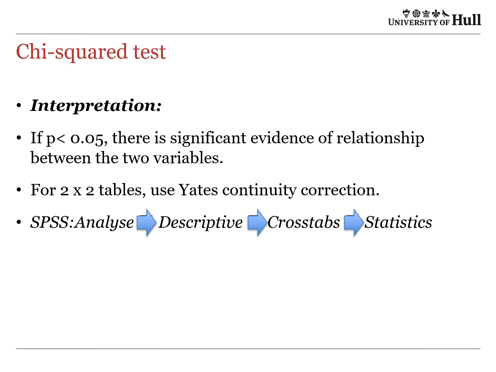For 2x2 tables, you need to use a particular correction called the Yates correction. This is automatically applied by SPSS. And in SPSS, you go into Analyze, Descriptive, Crosstabs, and then Statistics. That's how you find the chi-square test.